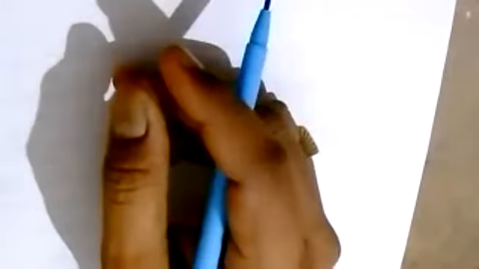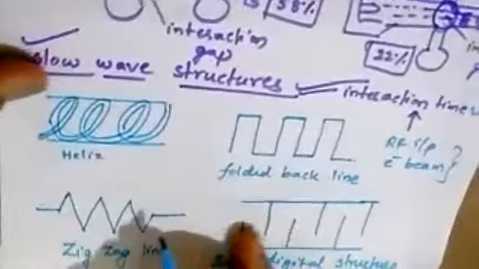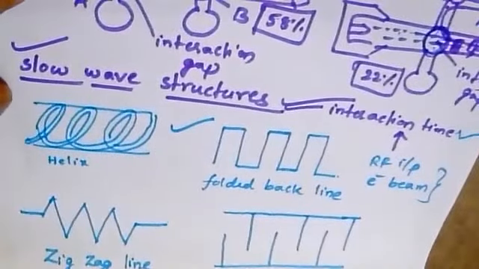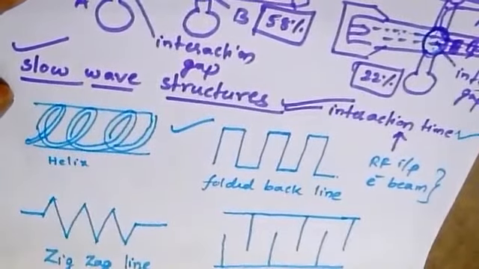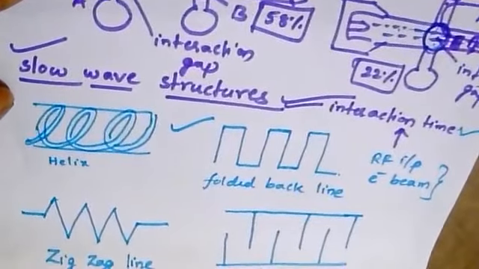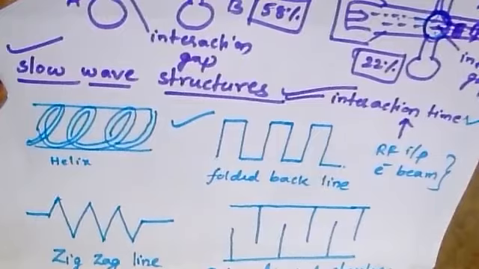There might be 1 or 2 extra depending on the textbook, but these standard 4 types of slow wave structures are generally preferred. Among these 4, the major concern is given to the helical structure. The helix structure is very easy to use and easy to set up, and the interaction gap can be maintained for the maximum time.